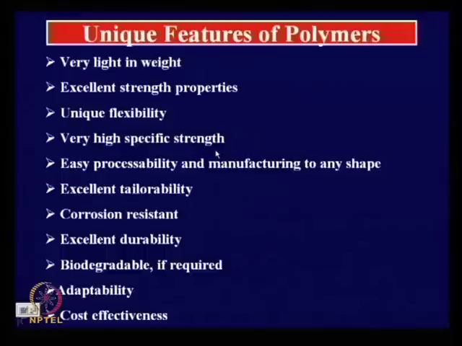Then easy processibility and manufacturing to any shape. What do we mean by easy processibility? Now, worldwide, there are many polymer manufacturing industries. They manufacture polymer materials, be it polyethylene, polypropylene, nylon, polycarbonate, or some rubber.